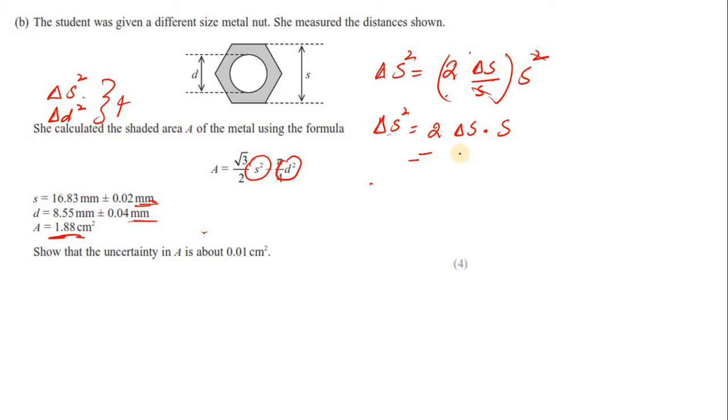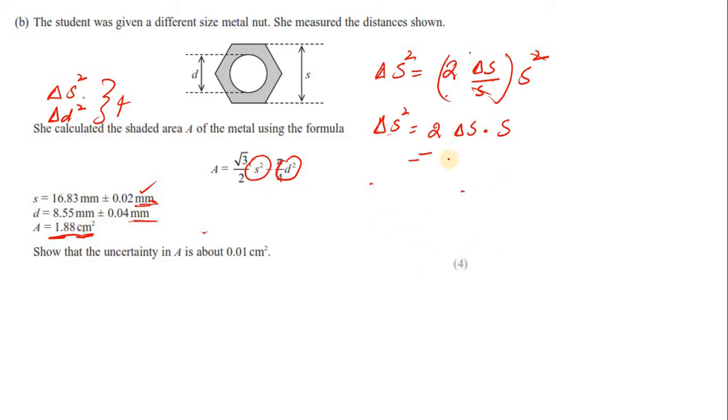So twice of 0.02, which is in millimeter. It is a good idea to convert to centimeter, because we need to give the uncertainty of A in centimeter square. So we'll do that.